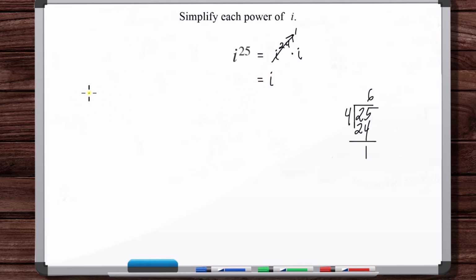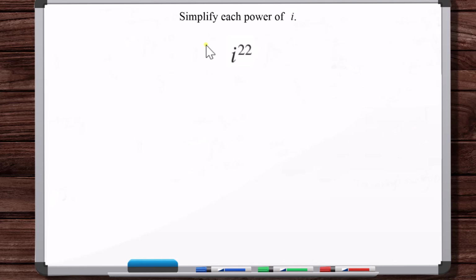For any problem, you're going to be left with i to the first, i to the second, or i to the third. i to the first is just i, i squared is -1, i cubed is -1 times i, so negative i, and i to the fourth is 1, and then that pattern repeats. i to the fifth is i, i to the sixth is i squared, -1. That's why any power of i that's a multiple of 4 is just going to be 1, and we take advantage of that.